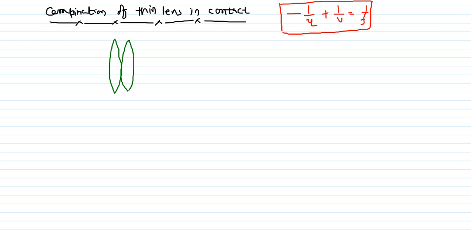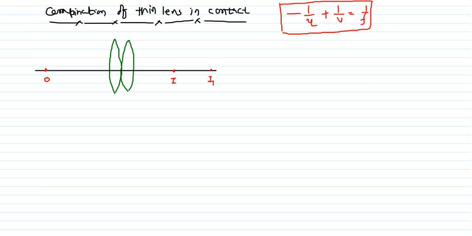Here we can say it is our axis. Now we consider a point O where the object is, I is the point where the final image is formed, and I1 is the point where the intermediate image is formed.